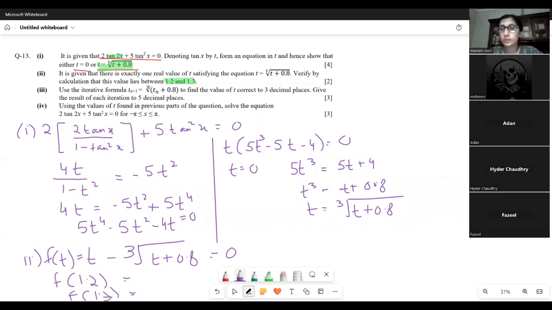Hence, the root lies between 1.2 and 1.3. So 1.2 minus cube root of 1.2 plus 0.8, that is minus 0.05 something.